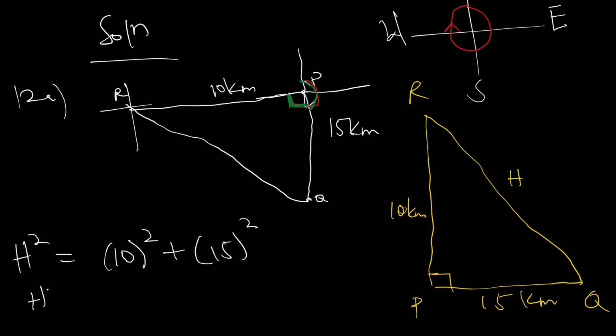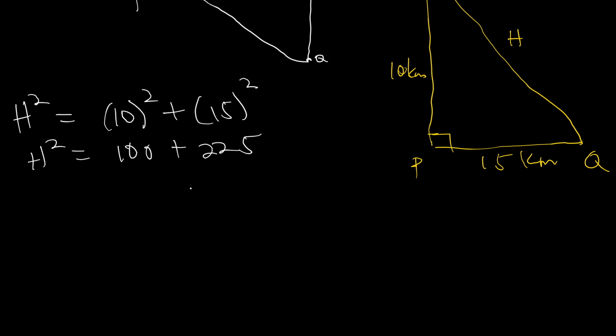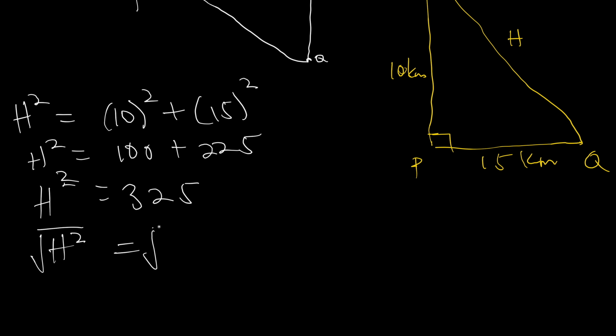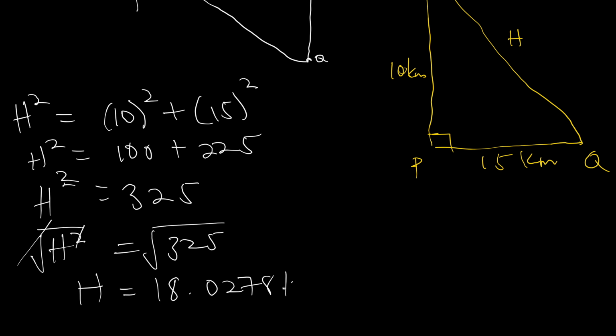Now H squared will be equal to 100 plus 225, so H squared is equal to 325. To find H, we take the square root of both sides. H is equal to the square root of 325, which is 18.0278 kilometers.